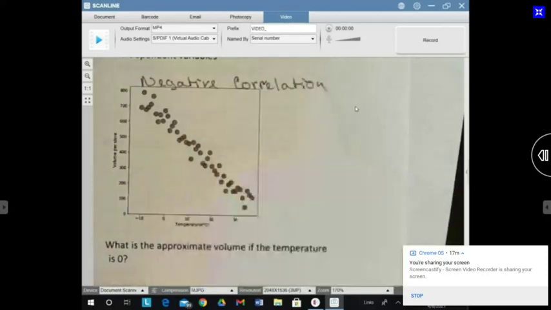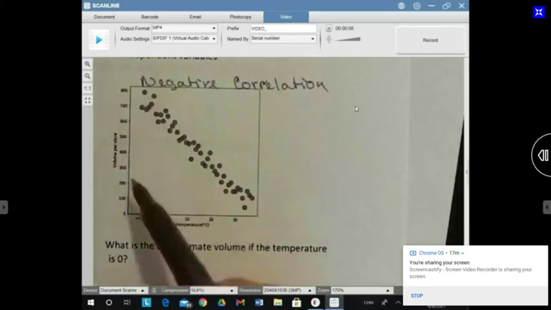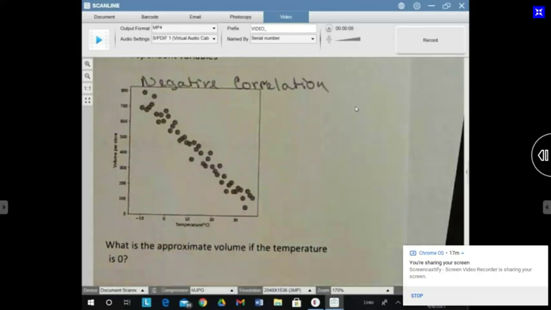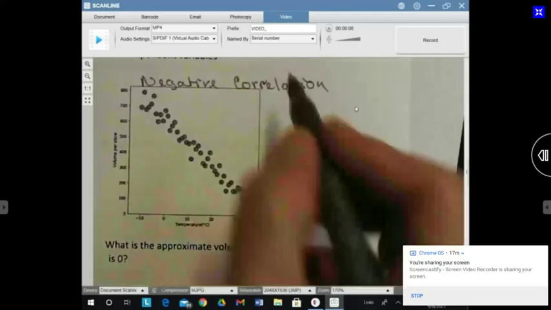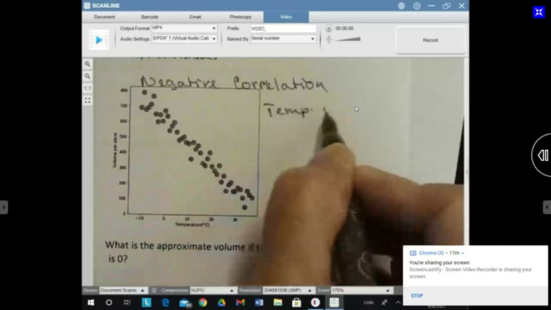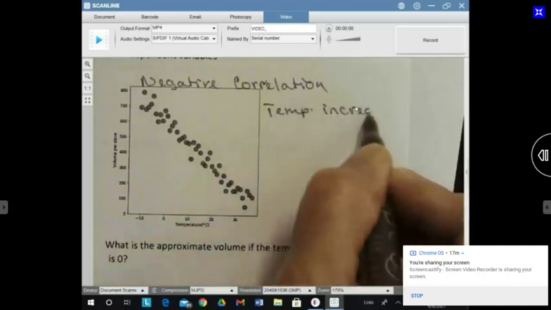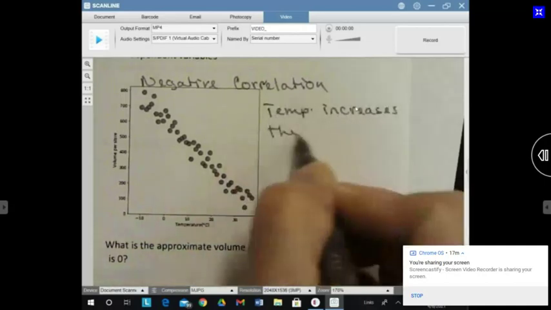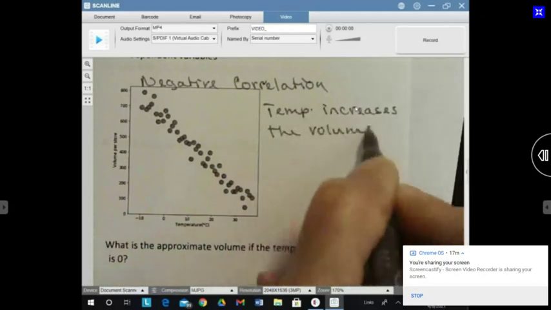As the temperature is increasing, what is happening to the volume? That's coming down, right? Remember, a negative, one has to go one way and the other has to go the other. So as my temperature increases, the volume is decreasing.